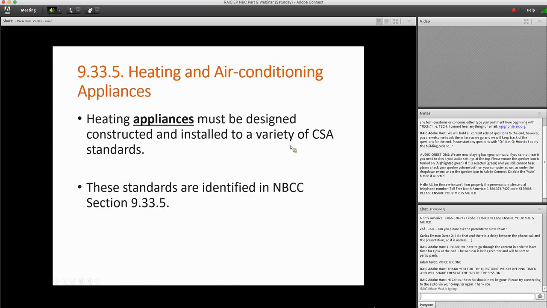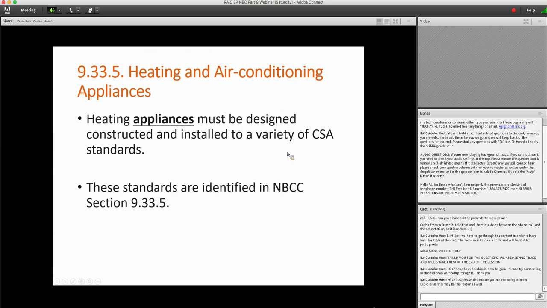Heating appliances that are installed must be designed and constructed to a variety of CSA standards. These are identified in NBC section 9.33.5. So this will depend on the type of heating appliance that's installed, whether it be a propane, a gas, or other.